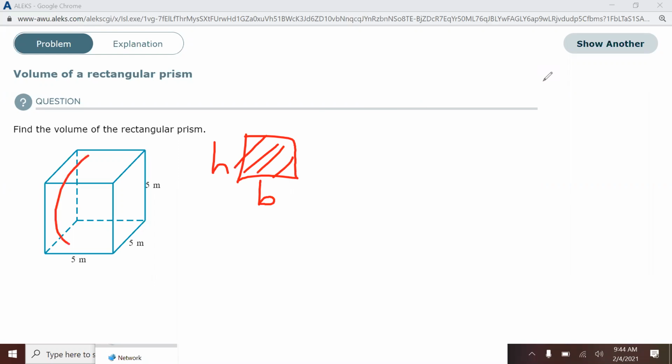But the volume of this guy here, which is the amount of space inside the box, or in other words, how much stuff you can fit in the box, is defined by how far this distance is, and that distance, and that distance. We have to know all three.